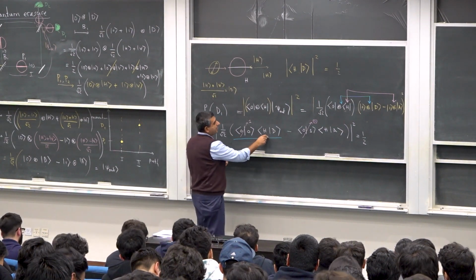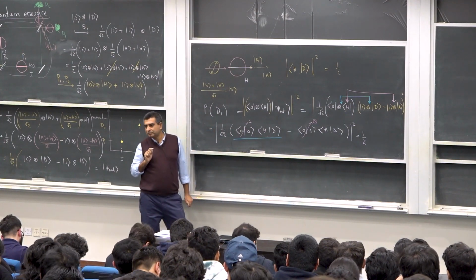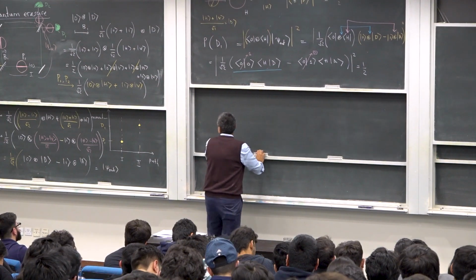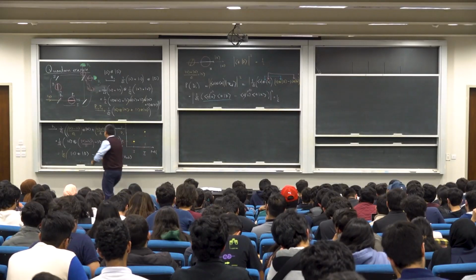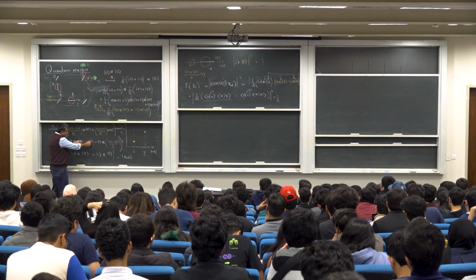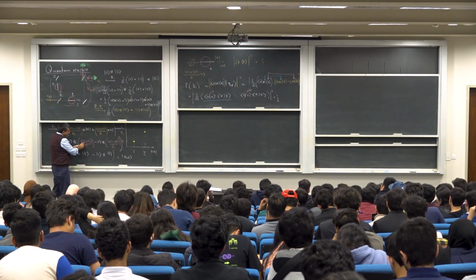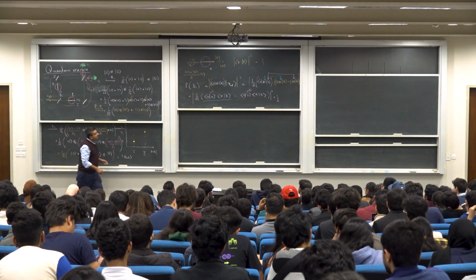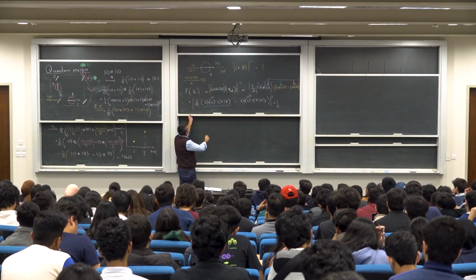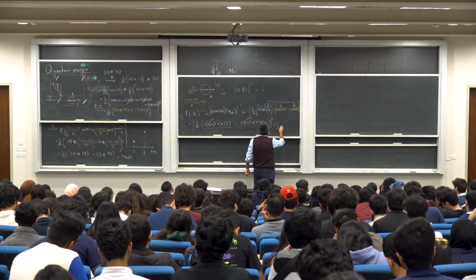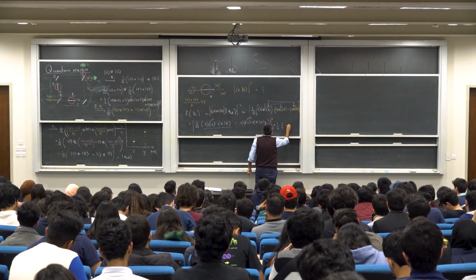This term is 1 over under root 2. Why? Because we have defined it to be in this fashion. This is how we've defined ket D. Ket D is ket H plus ket V over under root 2. So the overlap of this state with ket H must be 1 over under root 2. So this is 1 over under root 2, and you take the modulus square of this, it's going to be 1/2. So your answer is 1 by 4.